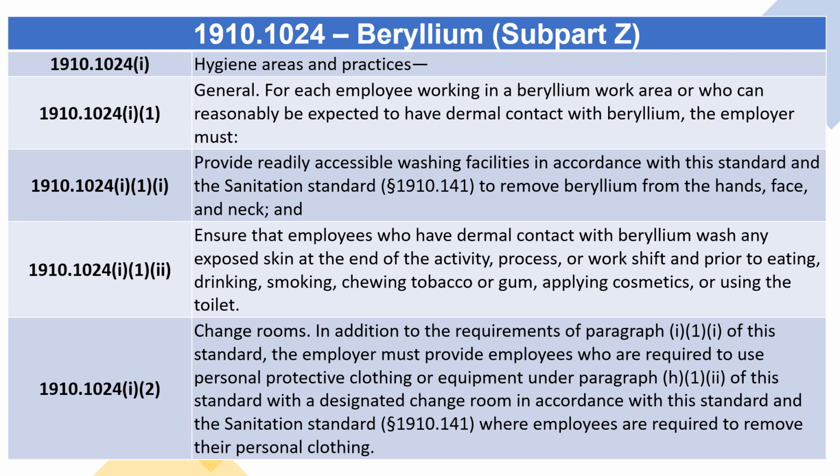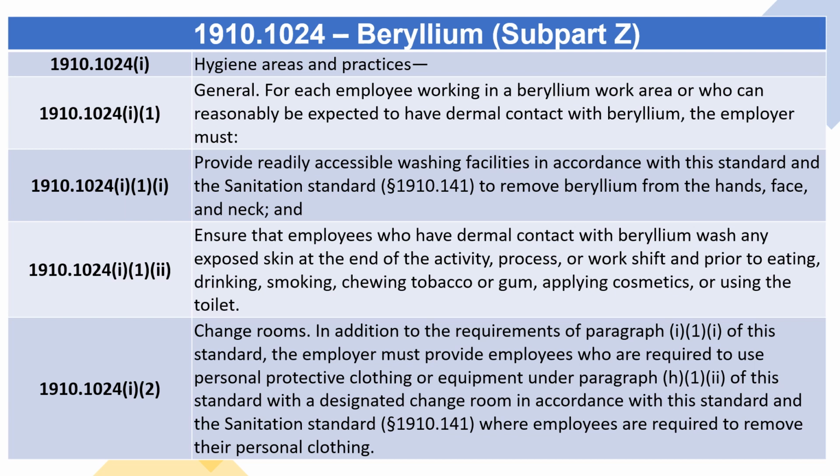For each employee working in a beryllium work area or who can reasonably be expected to have dermal contact with beryllium, the employer must, 1910.1024, I, provide readily accessible washing facilities in accordance with this standard and the sanitation standard, section 1910.141, to remove beryllium from the hands, face, and neck, and 1910.1024, I-2, ensure that employees who have dermal contact with beryllium wash any exposed skin at the end of the activity, process, or work shift and prior to eating, drinking, smoking, chewing tobacco or gum, applying cosmetics, or using the toilet.